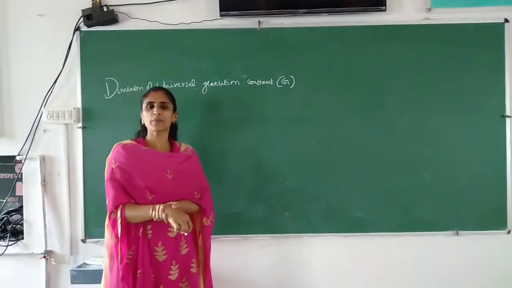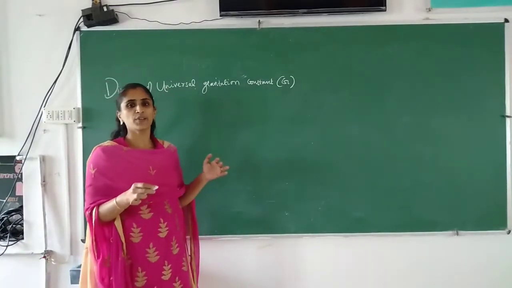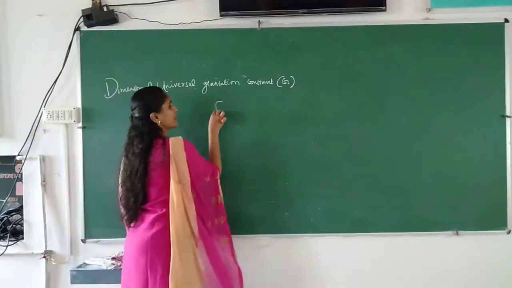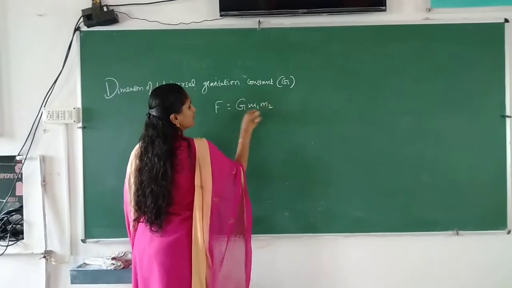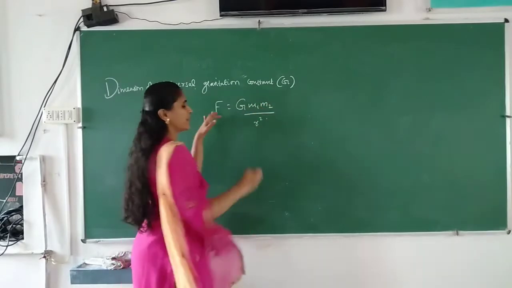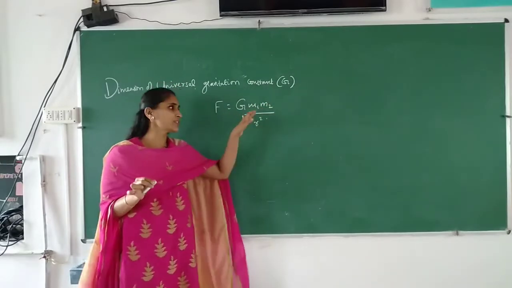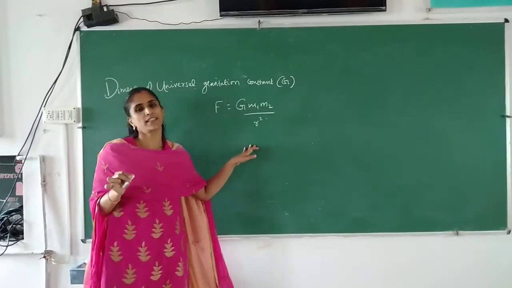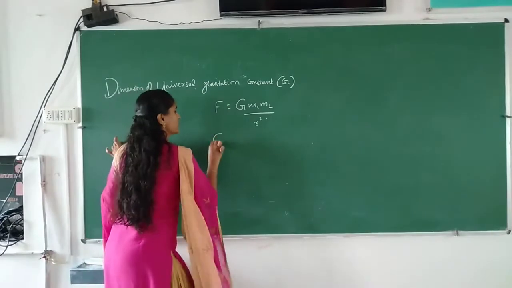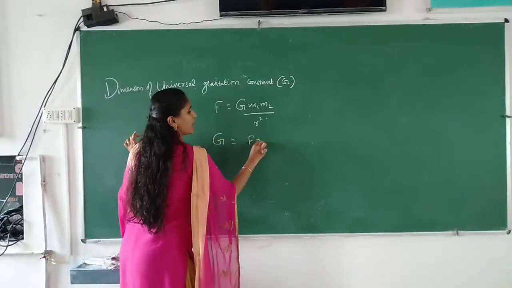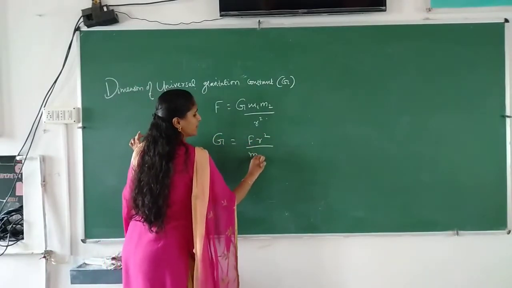So how to find the dimension? You should know the relation. In 9th you have already studied F is equal to G m1 m2 divided by r square, where F is force, G is the gravitation constant, m1 and m2 are masses, and r is the distance between the objects. So from this we can write G is equal to F r square divided by m1 m2.